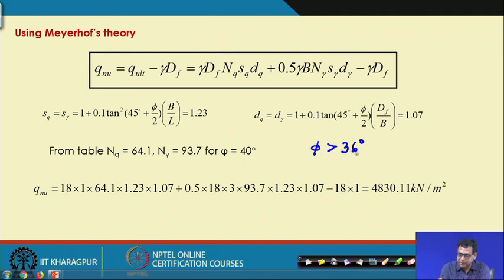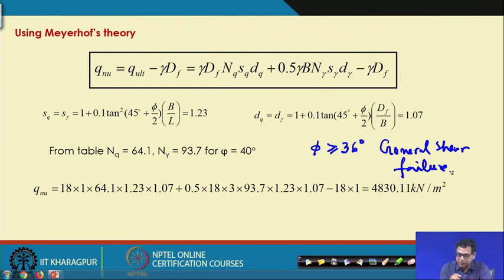When you are using these equations, check what the phi value is. If phi is greater than or equal to 36 degrees, go for the general shear failure, and all these expressions and theories are developed for general shear failure. So directly we can use these theories, because here phi is 40 degrees. Later on I will solve a problem where phi is less than 29 degrees, and you can see how we can solve those problems.